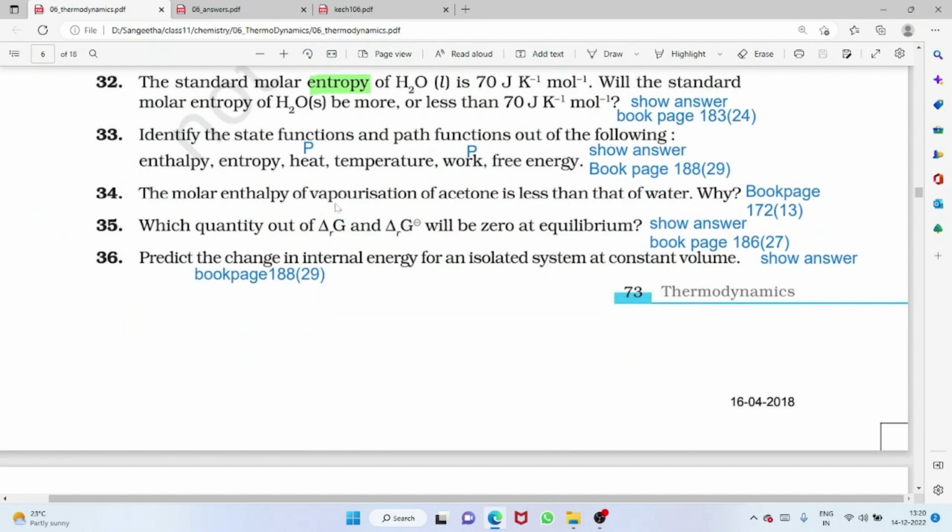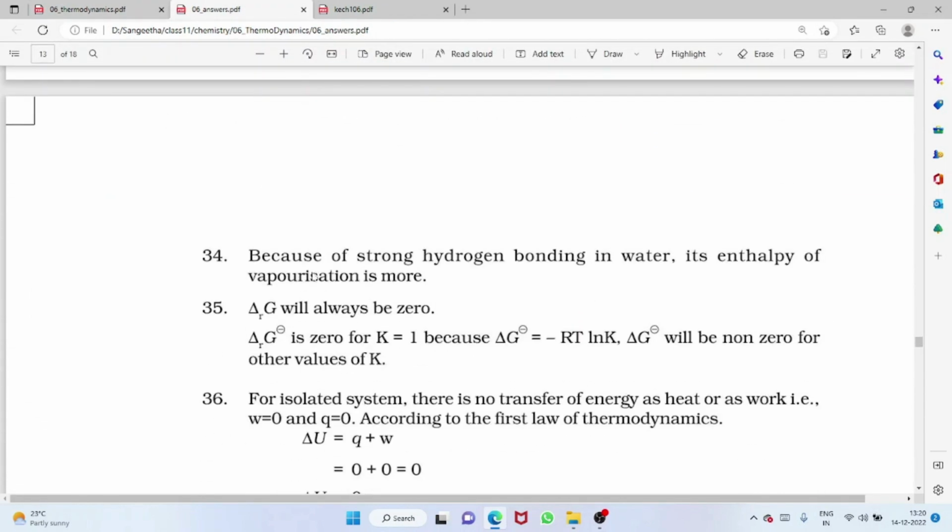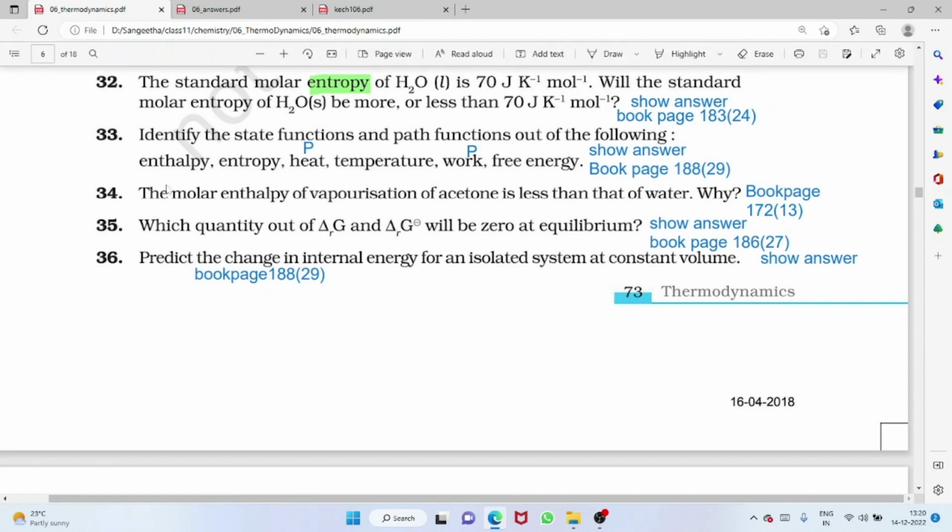The molar enthalpy of vaporization of acetone is less than that of water. Why? Because of the hydrogen bonding. Because of the strong hydrogen bonding in water, the enthalpy of vaporization is more.